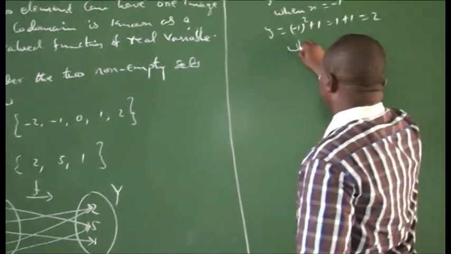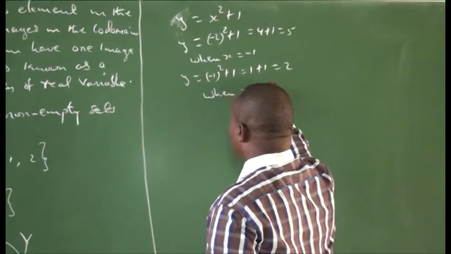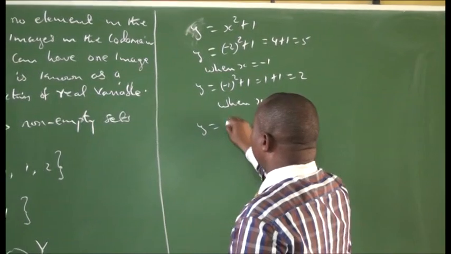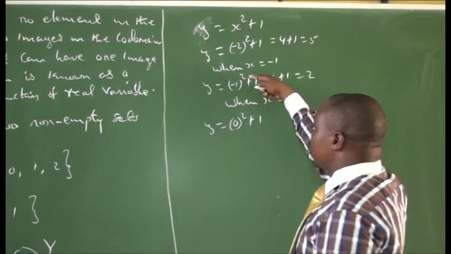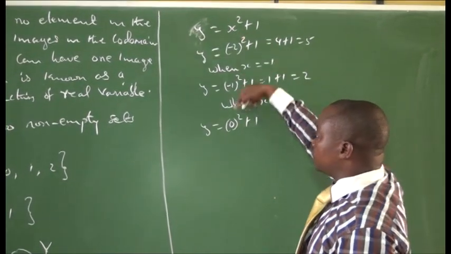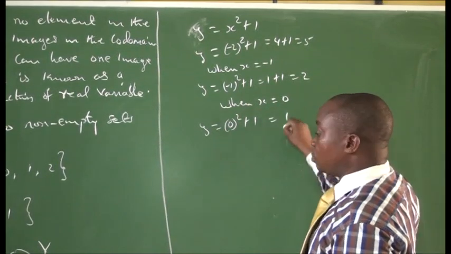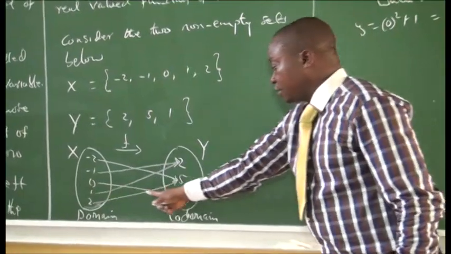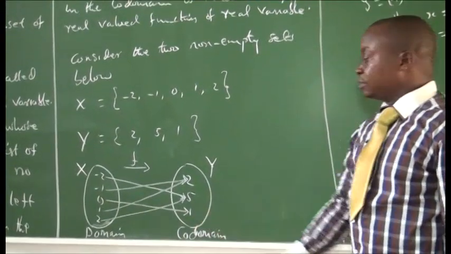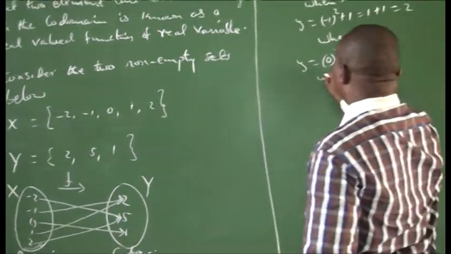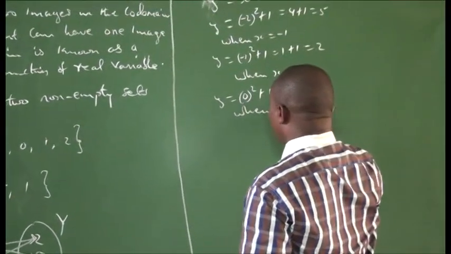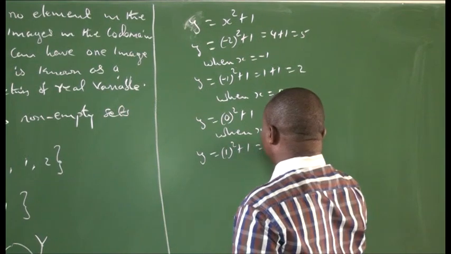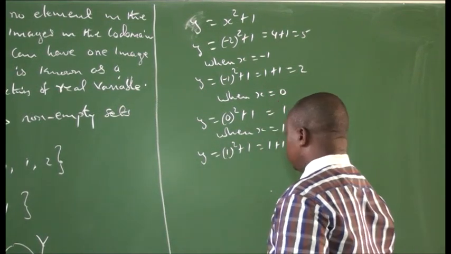Then when x equals 0, we have y equals 0 squared plus 1, that is putting 0 in the place of x, and that will give us 1, and that is why you see 0 is directed to 1. Right. When x equals 1, we have y equals 1 squared plus 1, which is 1 plus 1, and is 2.